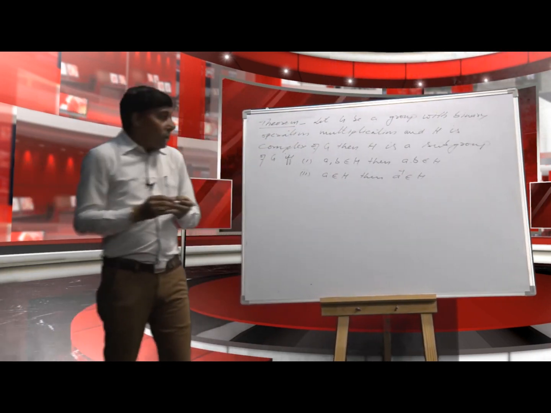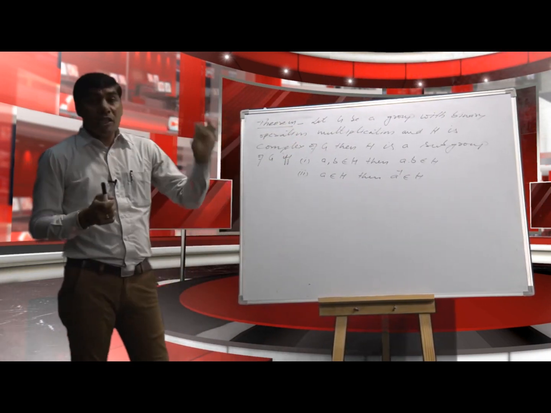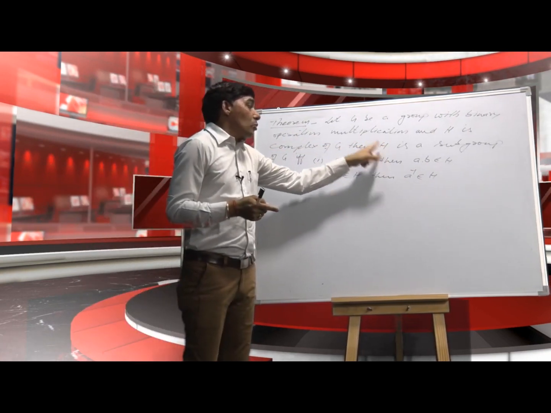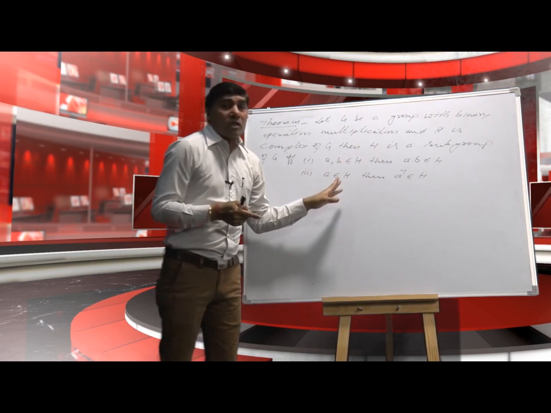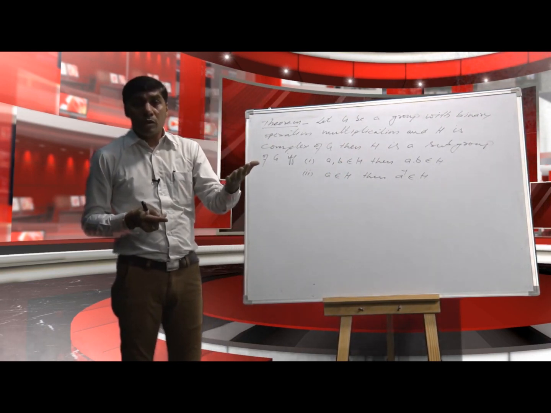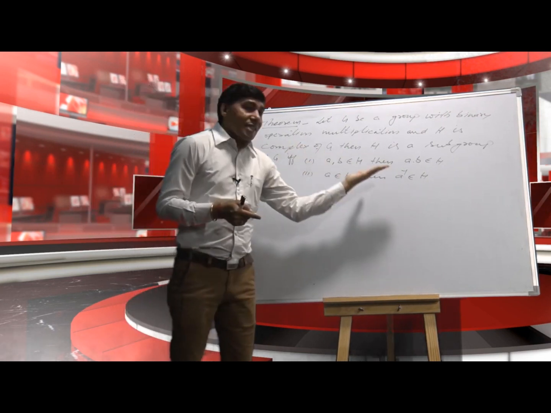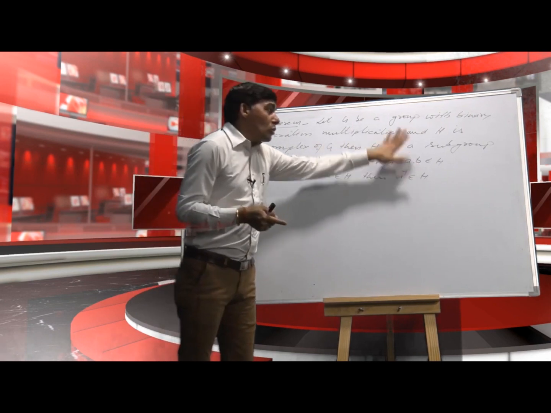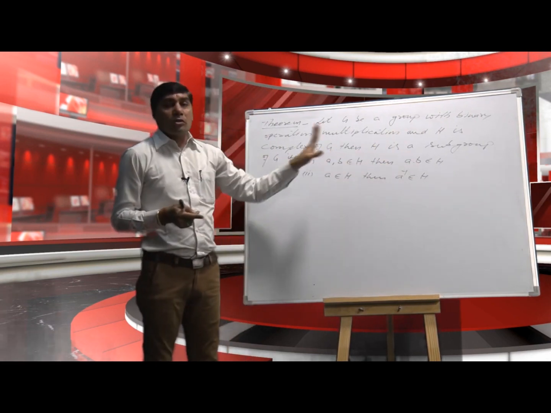That means this theorem shows that for a group G, H is a subgroup if it satisfies these two properties. So we need to prove only two properties to prove the subgroup. In the last example we proved all four properties, but to prove a subgroup we need to prove only two things.